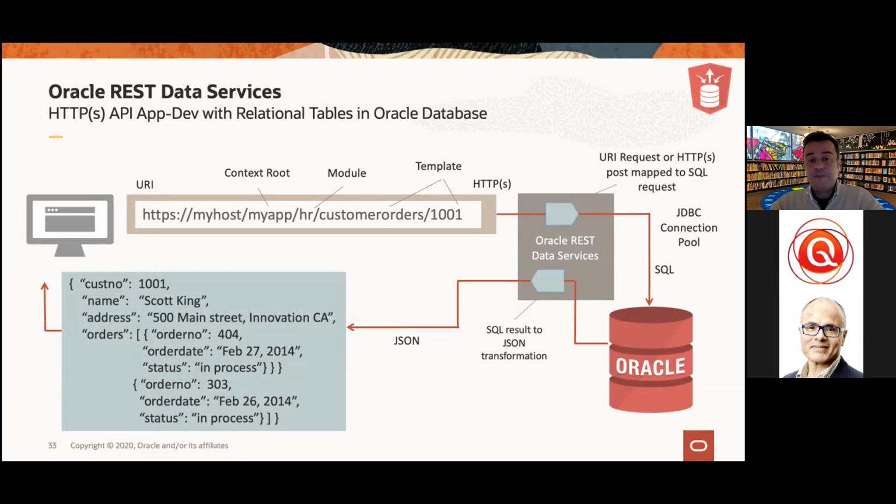For example, select from orders where customer ID equals 1001. So this transformation is performed by Oracle REST Data Services.